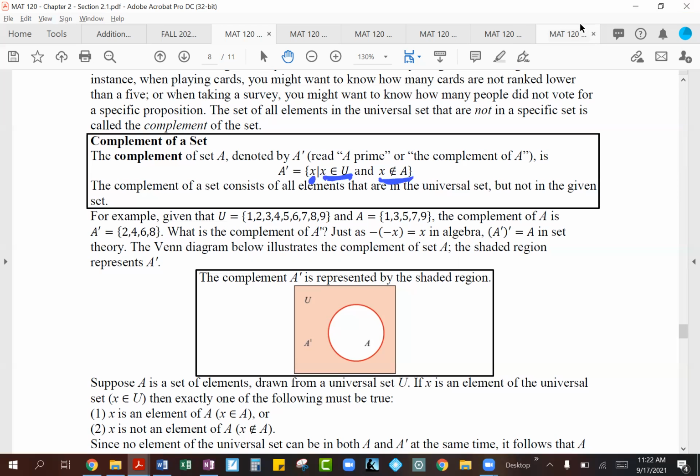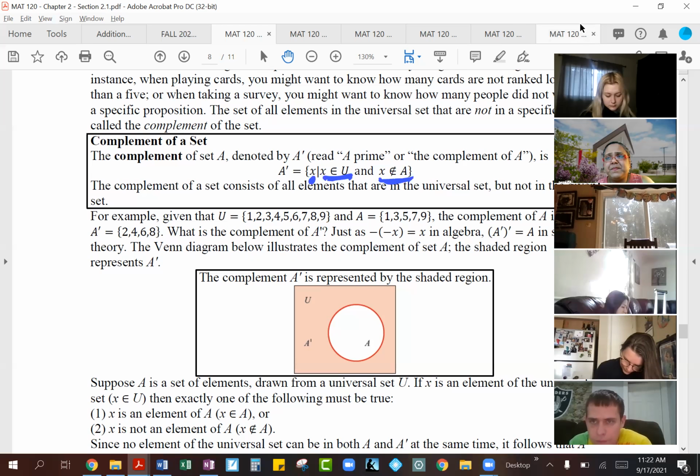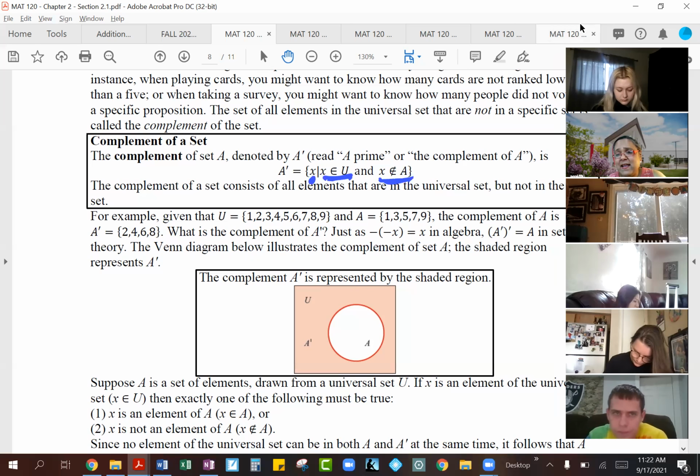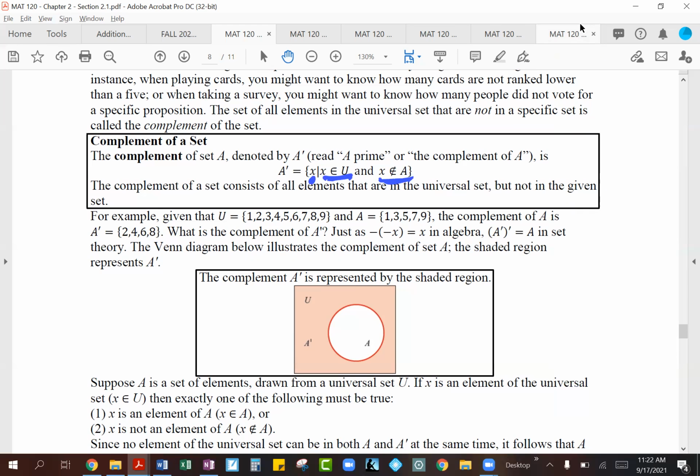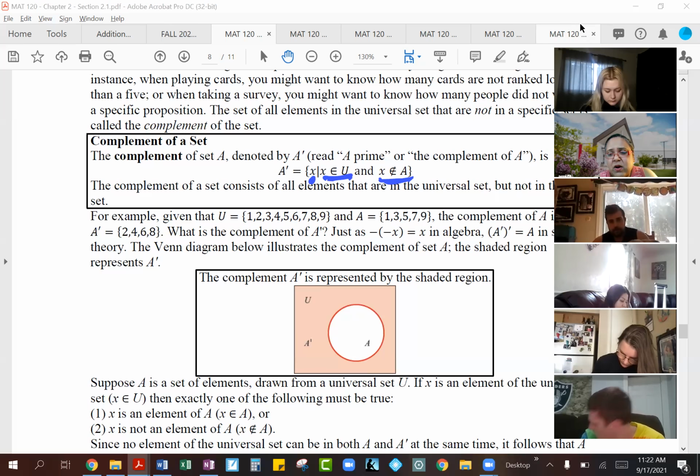Whatever is in set A cannot be in the complement of set A. As long as it's part of the universal set, it just cannot be what belongs in set A. And we had done a quick example of that before we had dismissed class on Wednesday.